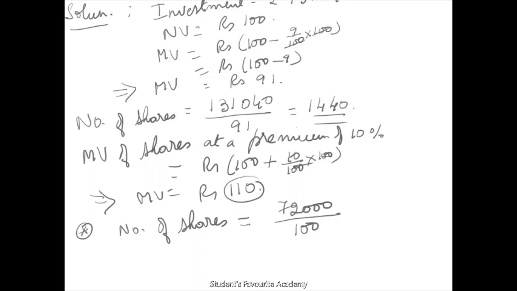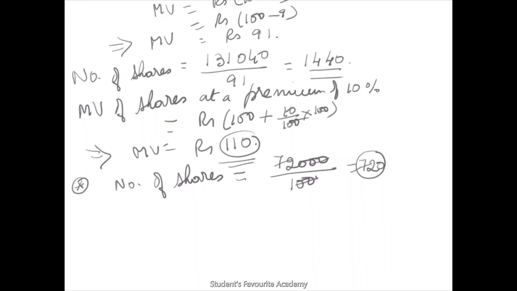So here the number of shares you will get worth 72,000, means the number of shares whose value is 72,000 as per the company's nominal value, it is 100 rupees, and worth 72,000 will be, this cancels. So the number of shares that she sells is 720 at rupees 110.